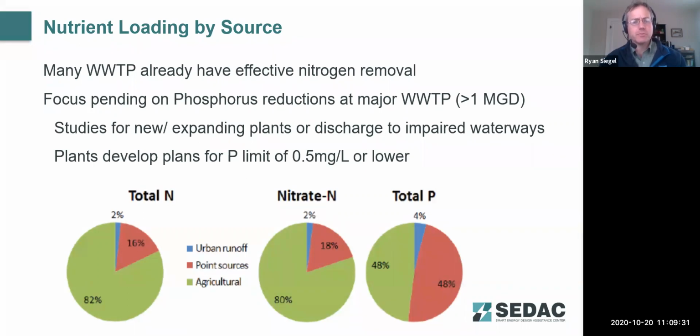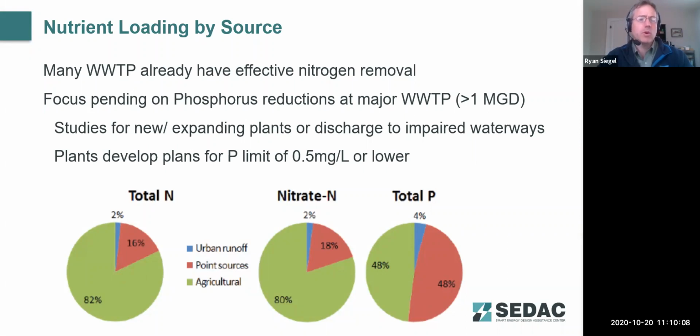And so the focus now is turning towards phosphorus reductions, particularly at major wastewater treatment facilities, those that are over 1 mgd, recognizing that those are providing the majority of where the phosphorus is coming from. Those that are minor plants under 1 mgd are fairly minor sources in the overall grand scheme of things.